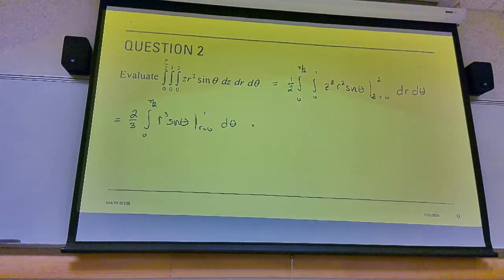What is the antiderivative of sine theta? Minus cosine theta. What does that evaluate to? Let's see.